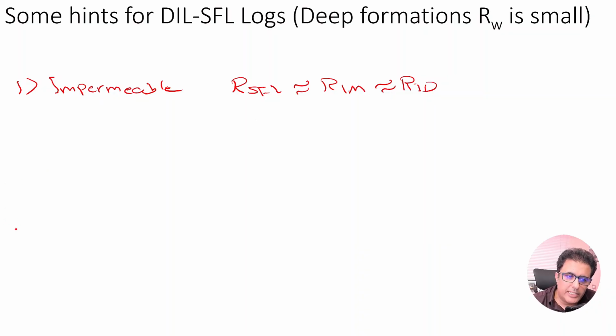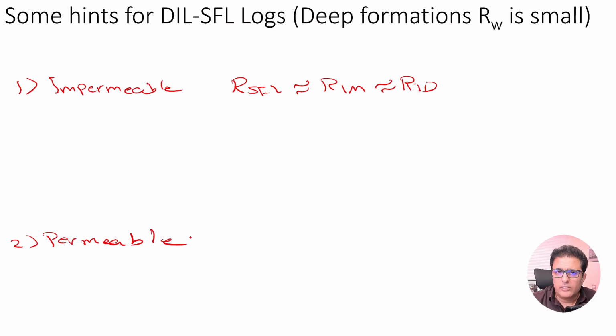So if the formation is permeable, that means that we should have a flushed zone and transition zone.